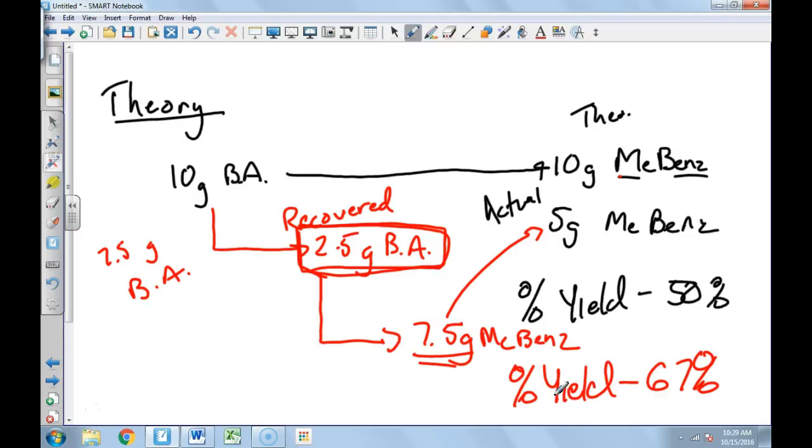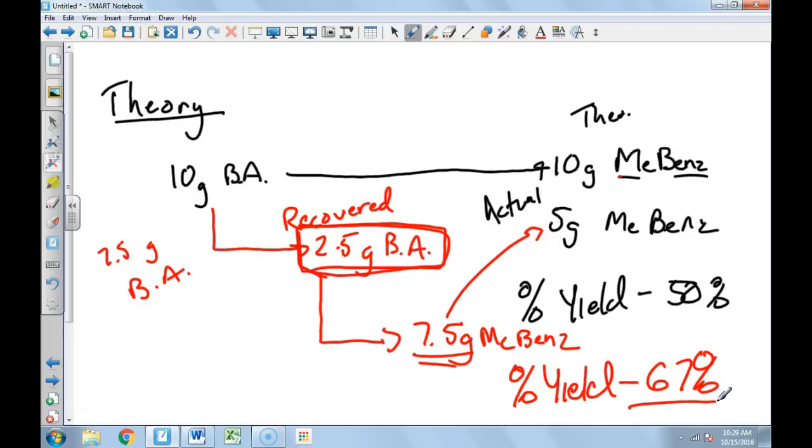So by doing this, it helps your yield calculation. And I shouldn't say that it helps it. What it does is give you a more accurate representation of your yield. And because one of the grades is a technique grade and is in part dependent on your yield percentage, this is going to then help your grade.